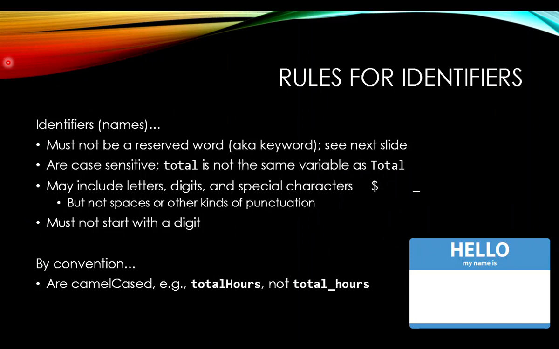These are specifically reserved words for the language. Don't try to use these as variable names. Now if you're using most editors, most reasonable editors are going to highlight these things and show them in a different way. So you kind of get the idea based on the way that the editor shows them that they're probably not a good idea. But we'll look at that list of reserved words.